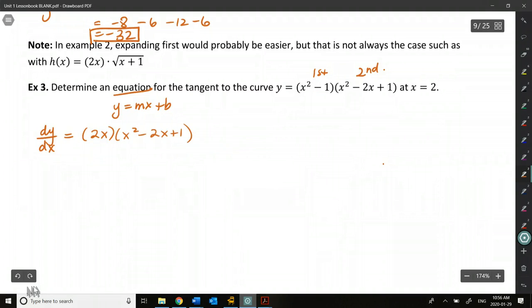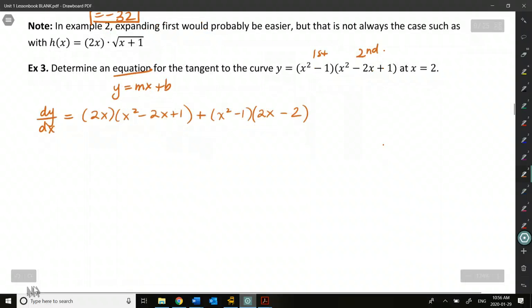Mm-hmm. And then plus 2x. So derivative of the first times the second plus the first as it is, right? Times derivative of the second. You want to do derivative of the second for us? Oh, okay, so then 2x minus 2. Okay, yeah. Great, yeah.